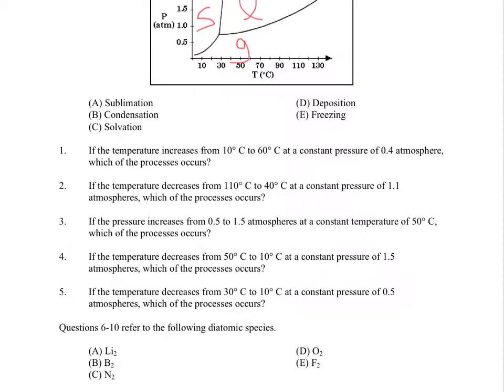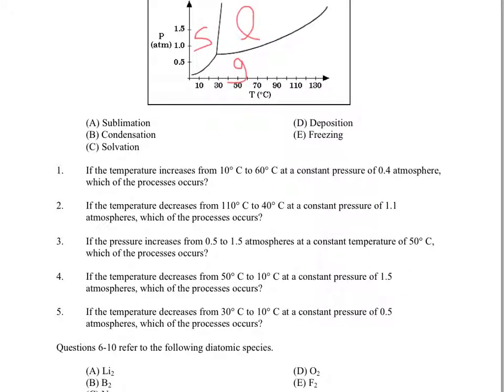So number 1, if the temperature increases from 10 to 60 at a constant pressure of 0.4, which of these processes occur? Now, this is how you have to read this. We're starting at 10 and we're going to 60, right? But what pressure? Where are we going to be on the y-axis? Above the first line or below the first one?